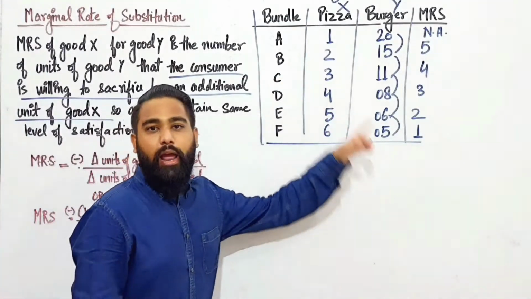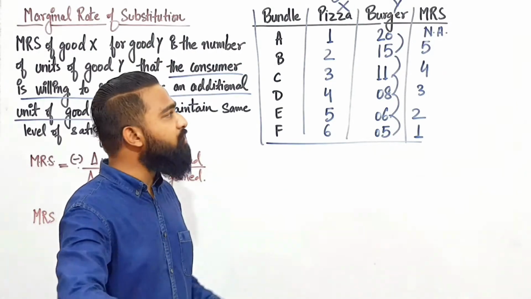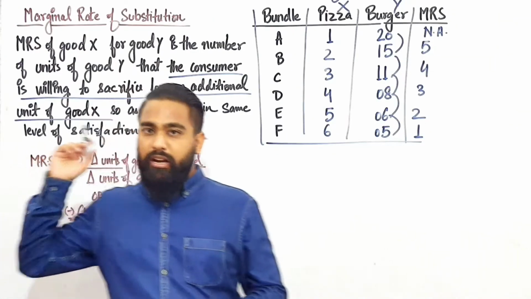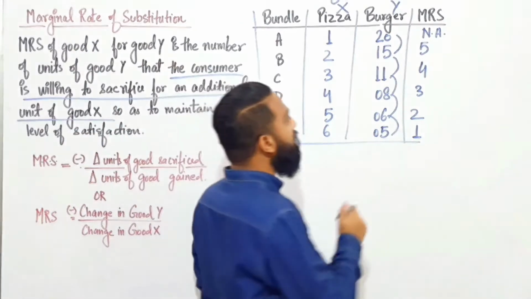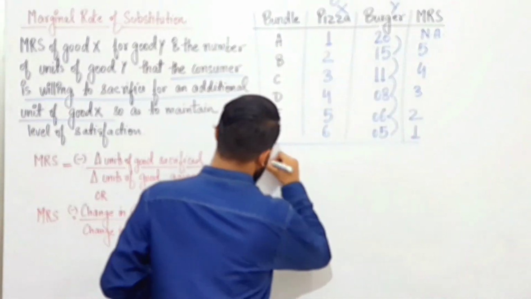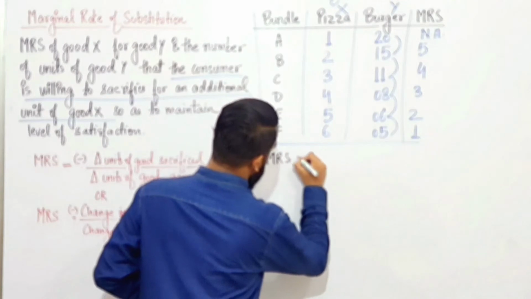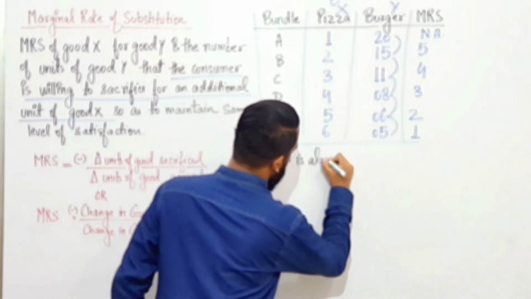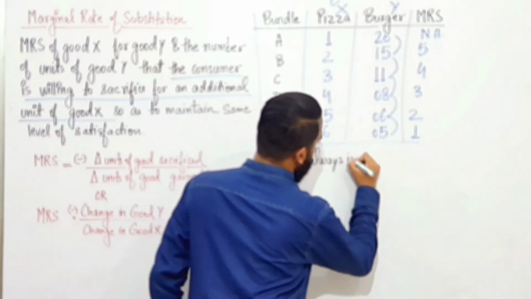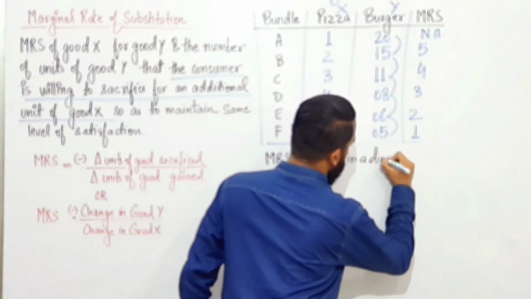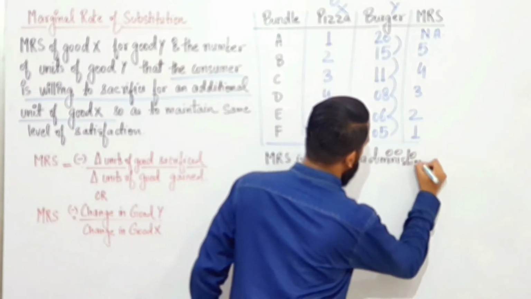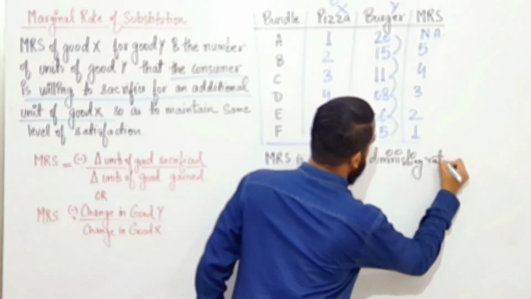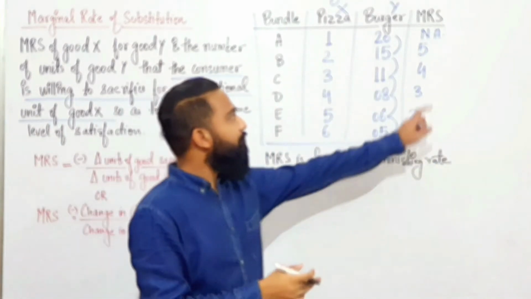So this is your MRS, and mind it, in case of an indifference curve, the MRS is always in a diminishing rate. It is always decreasing.